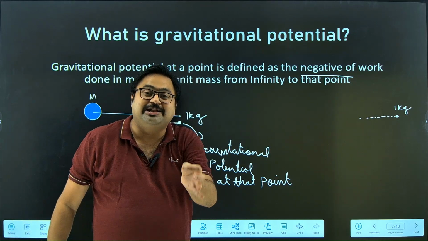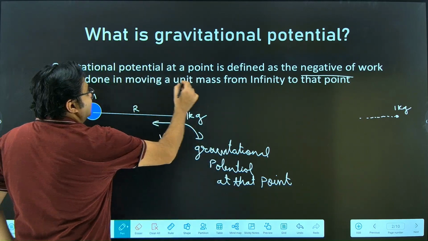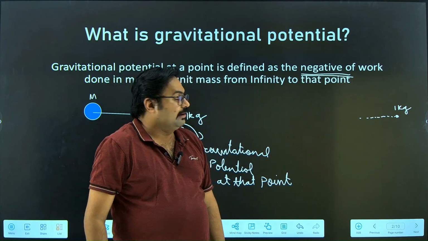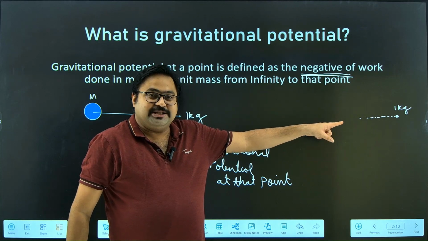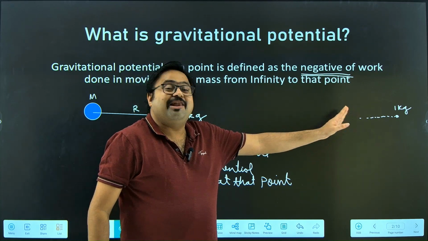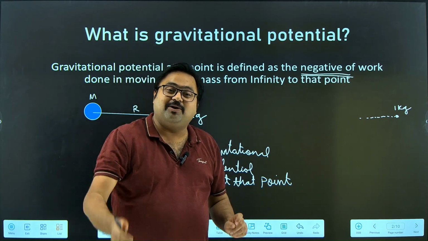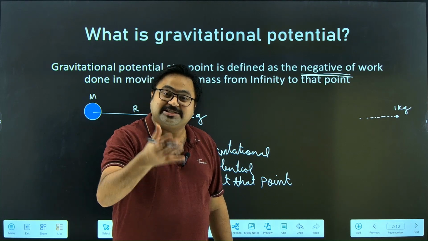That means the potential energy of that mass has gone below zero. That's why the definition says negative of the work done, because the potential energy of that 1 kg mass was already zero. It has lost further to gain kinetic energy. Anything that goes below zero, potential energy that has gone below zero, is negative.